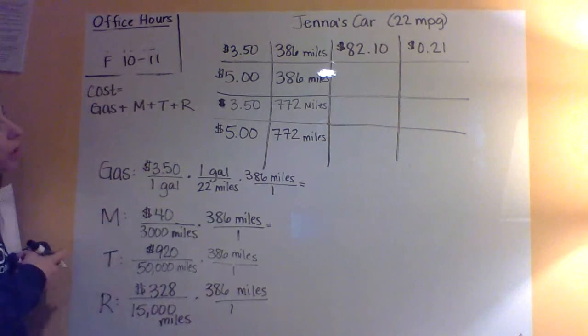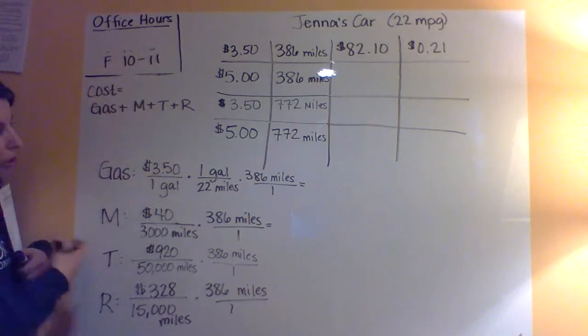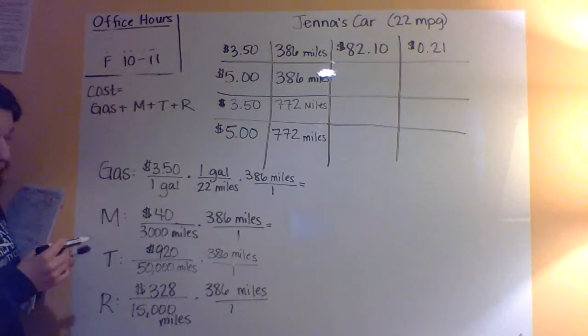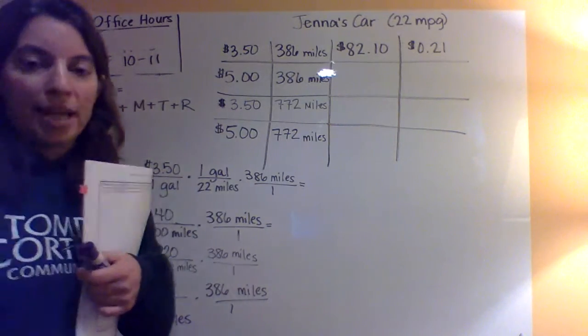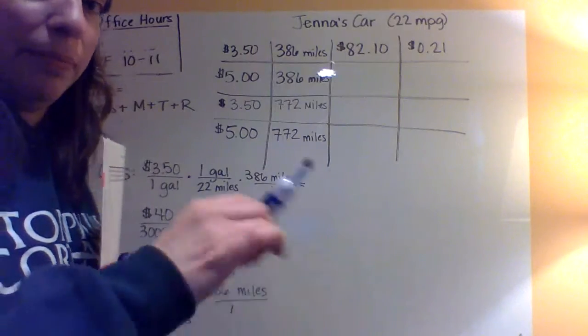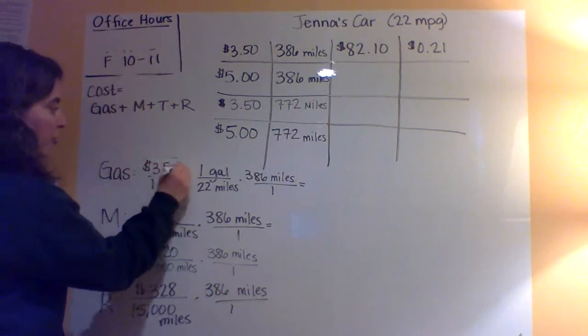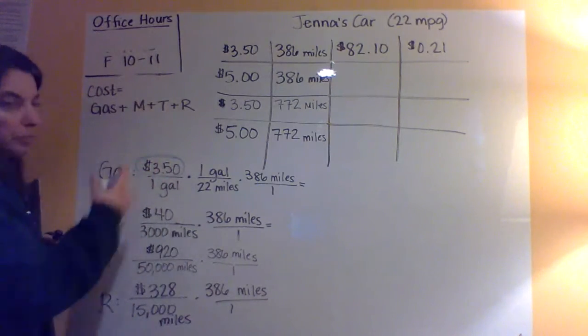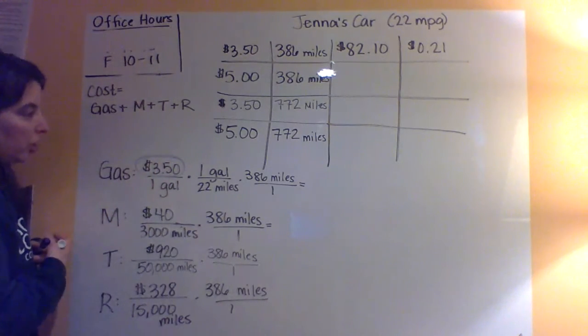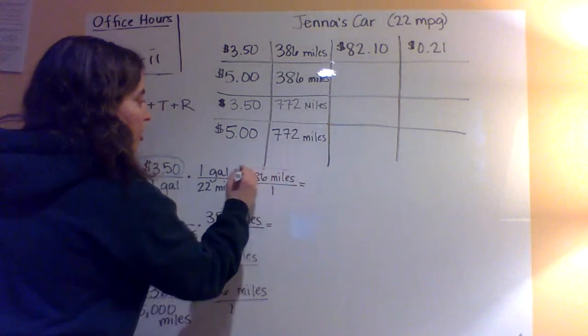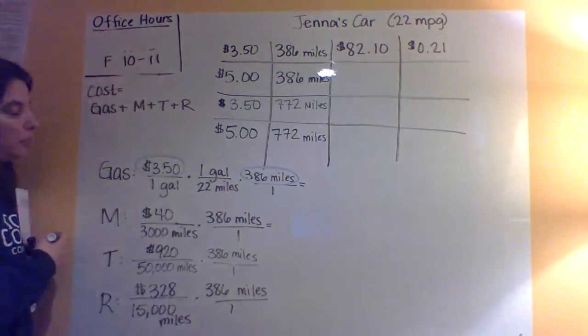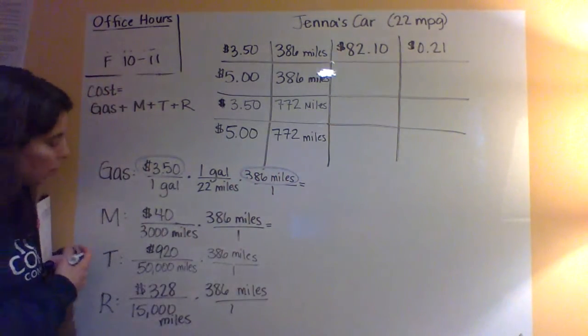So when you look at this and when you look at our chart, you can see the things that are going to be changing based on that specific situation. So for example, here's something that's going to change, right? $3.50 for gas is something that changes in that chart. 386 miles, that's something that changes in that chart.